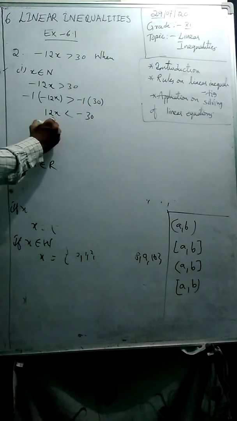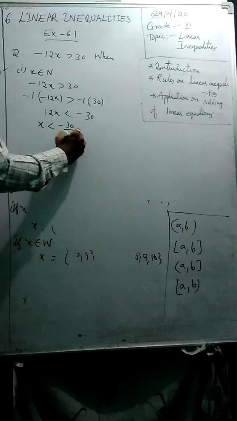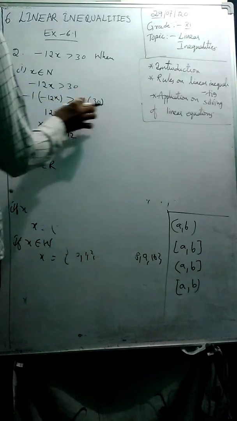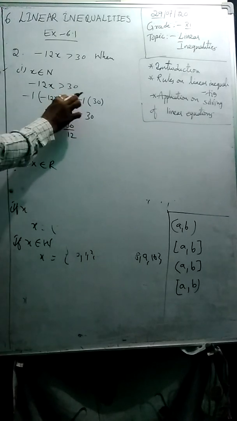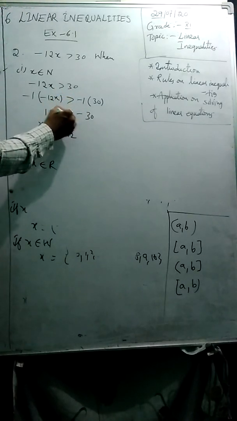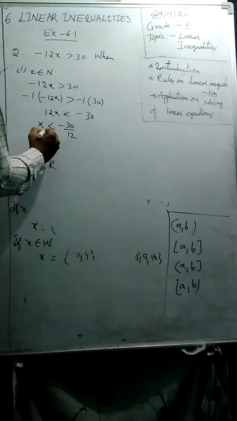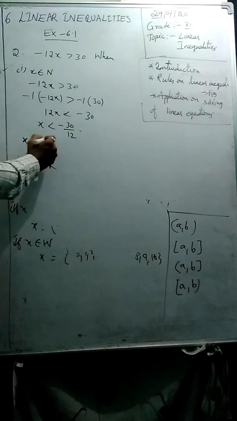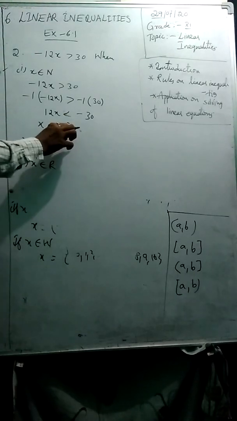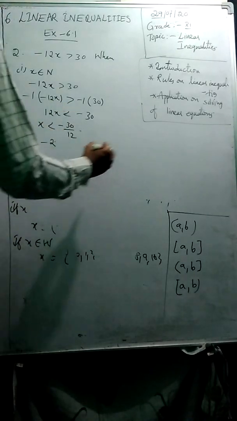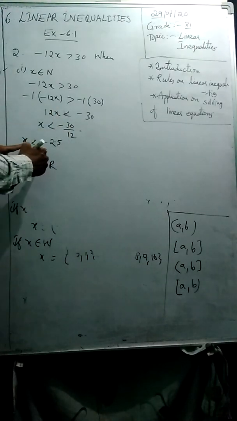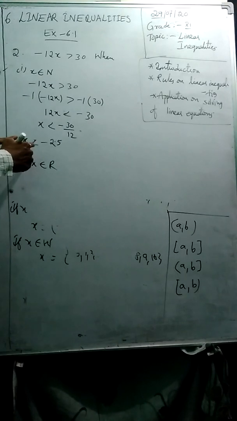So now x is less than -30 by 12, because when we multiply by the minus symbol or -1, the inequality gets reversed, like the greater than symbol changes into less than symbol. So we have x less than -30/12, which is -2.5. So x takes the values which are less than -2.5, but here we have taken natural numbers.